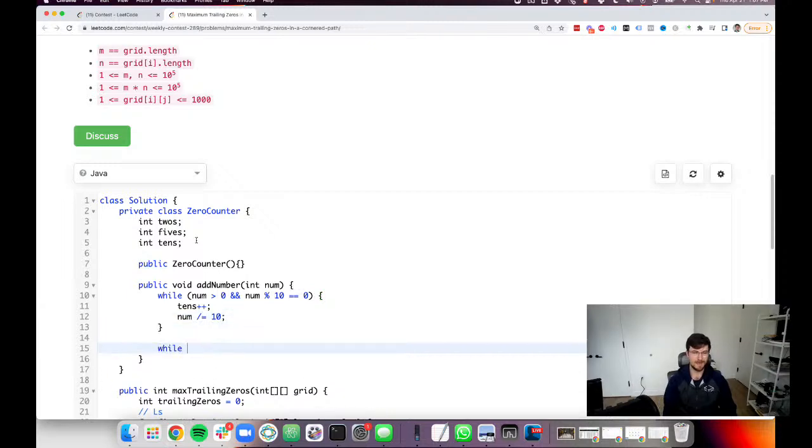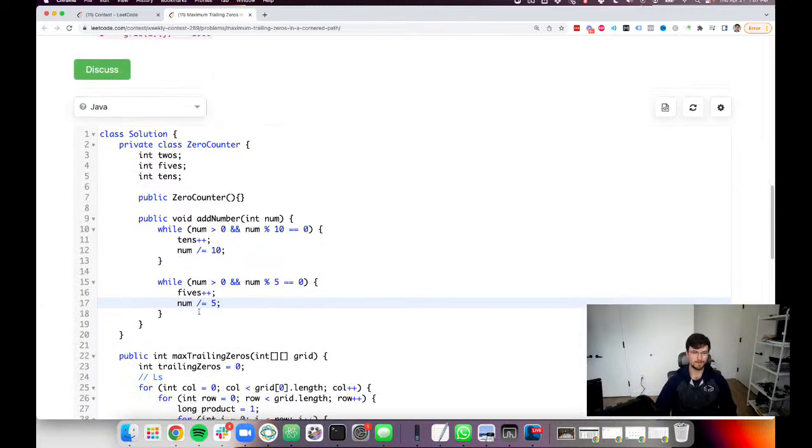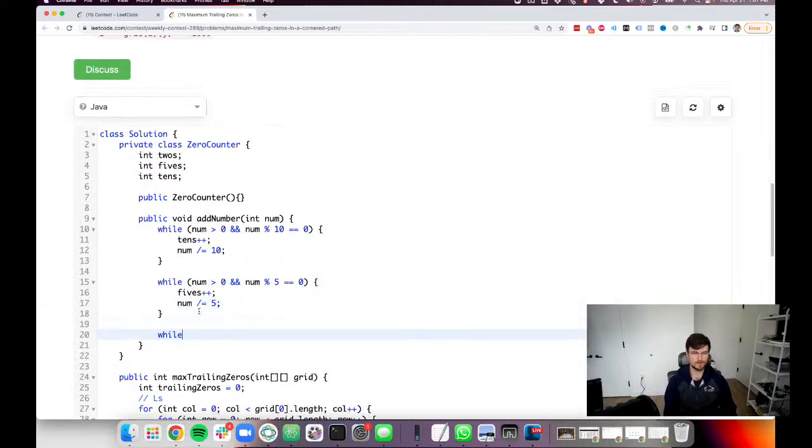Next we do while num is greater than 0 and num mod 5 is equal to 0. We do the same thing. And then finally, we do the same thing for the 2s. And with the 2s, there's probably a better way that we could do this, but I just want to keep this simple.